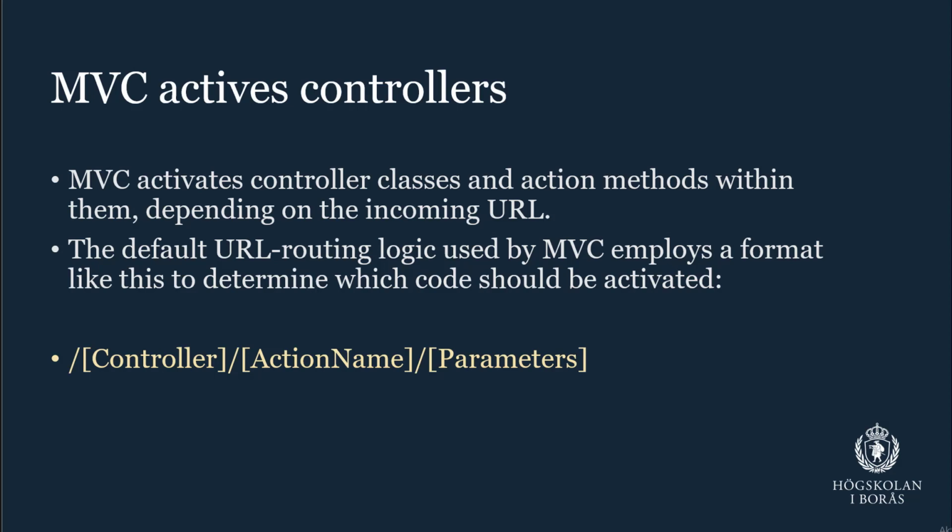In the example below, we have a section within our URL that states the controller we are targeting, followed by a / which states the action name we are targeting within the controller, and then a / which is followed by a parameter that can be passed to the controller.